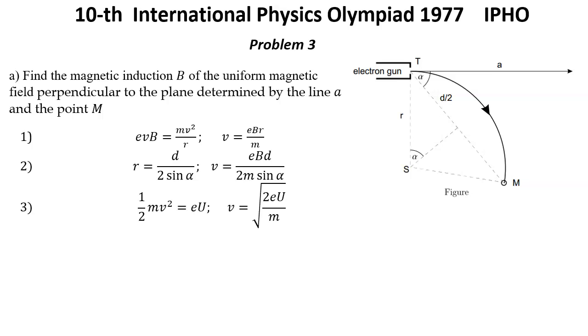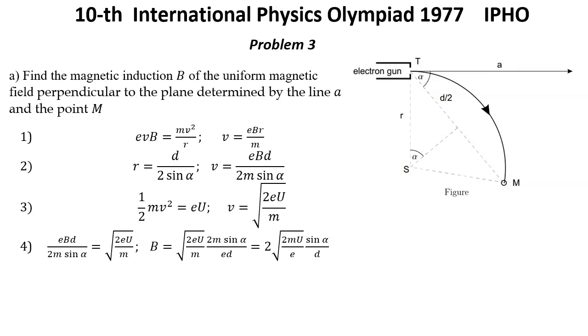Now we can equalize velocities v from formulas 2 and 3, and from this we can find that the magnetic induction B equals 2 multiplied by the square root of 2mU over e, multiplied by sine alpha over d.